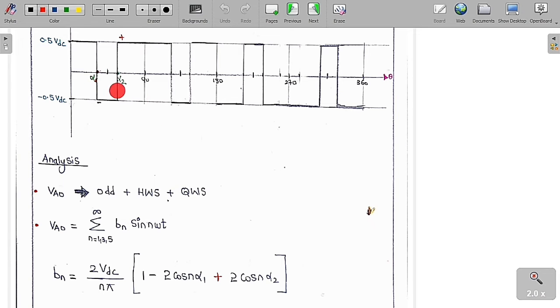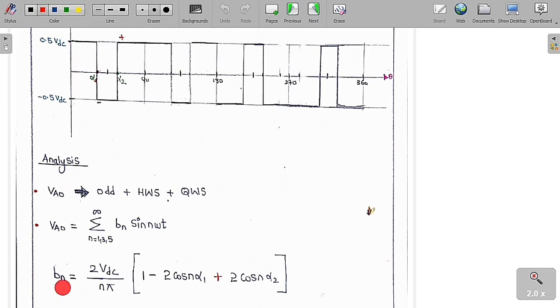Now for this V0 signal we do some analysis, as V0 is an odd function and also has half wave symmetry and quarter wave symmetry. Therefore V0 is the sum over n equal to 1, 3, 5 up to infinity of Vn sin n omega t, because as it is an odd function, a0 is equal to 0, and with half wave and quarter wave symmetry, Bn is not equal to 0 only for odd harmonics.